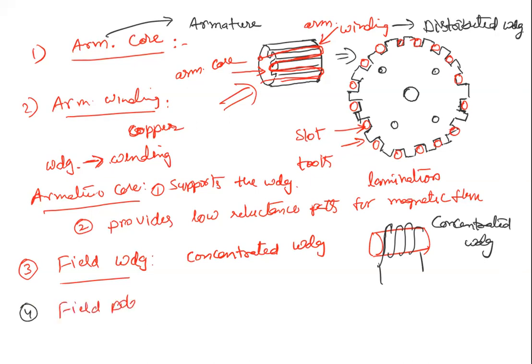Right? Next, fourth one. What is the fourth one? Field poles. So field poles are made up of iron. If you see the side view of the field pole, this is the field pole.